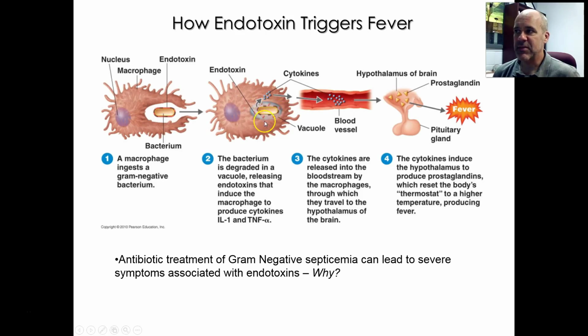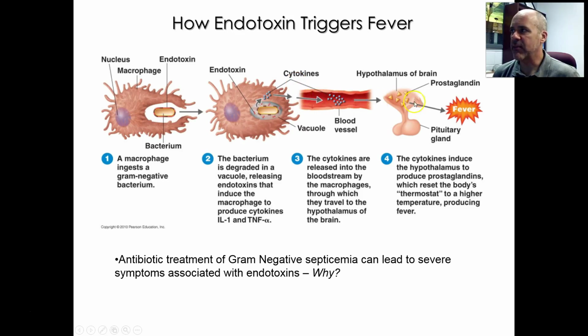And as it gets broken down, endotoxin, or lipid A, is released, and then the macrophage itself will actually detect that lipid A. This is a cell that is programmed to respond to that molecule, and then it's going to secrete proteins called cytokines. These are kind of like the hormones of the immune system, and those cytokines are cell signaling molecules.